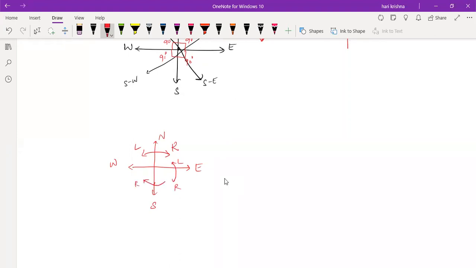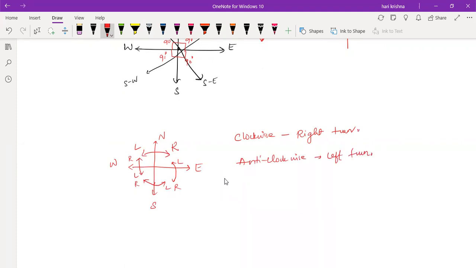Here also, what is the right? This is the left. This is right. This is left. So always the clockwise will form the right turn, and anti-clockwise will form the left turn.